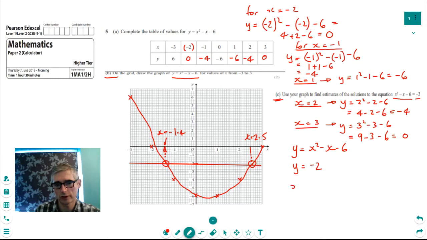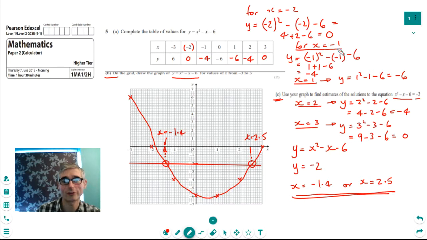Okay, so those are our estimated solutions. x is minus 1.4 or x is 2.5. There we go. We've done it.